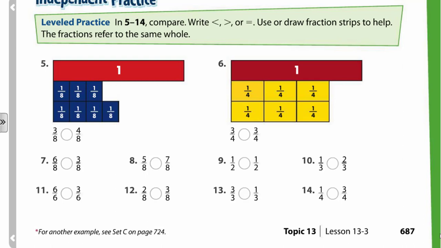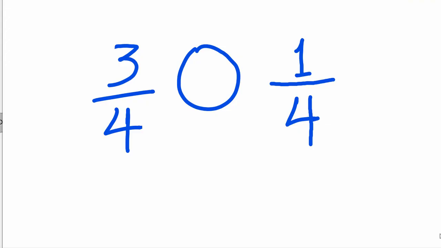So my heroes, before we start, I want to remind you about the main idea, how we compare fractions with the same denominator. To do that, my heroes, I will use this question, 3/4 and 1/4.